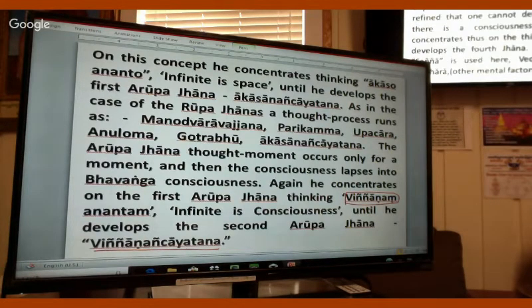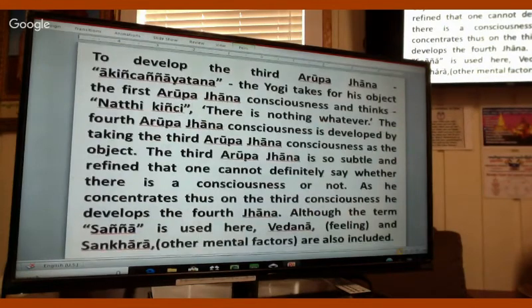Okay, so if you want to upgrade to another stage, start Arupa jhana like this. So practice like this to develop the third Arupa jhana, Akincannayatana. The meditator takes for its object the first Arupa jhana consciousness again. But the practice is Natthi kinci. There's nothing.